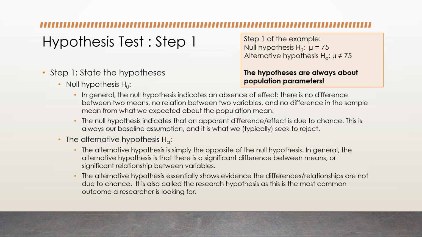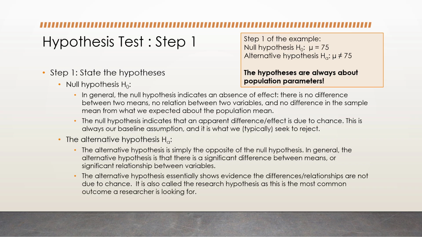In general, the null hypothesis indicates an absence of effect: no difference between two means, no relationship between two variables, or no difference between the sample mean and the population mean. For our example, the null hypothesis is H0: mu, the population mean, equals 75.